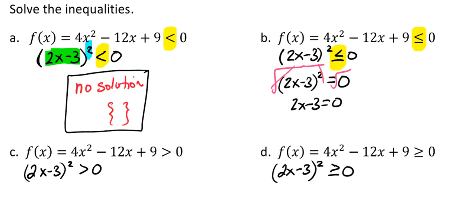So I have 2x minus 3 equals 0. Then I continue to solve using some algebra. I'm going to add 3 to both sides, which gives me 2x equals 3. I'm going to divide both sides by 2 and get x equals 3 halves. So in this particular situation, my answer is 3 halves.